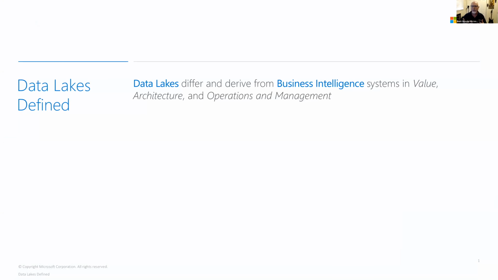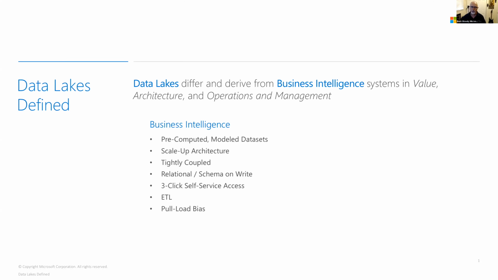And then we've got non-structured data, which is probably just sitting in a data store somewhere, a file system, something like that. So we're all probably familiar with business intelligence. But a data lake is just like a business intelligence system, except where it isn't. And it differs in these ways: value, architecture, operations, and management.